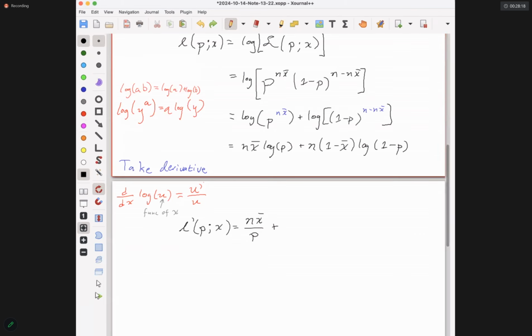So the derivative of 1 minus p with respect to p, because we need our u prime here, that's going to be negative 1. So we'll have a minus here instead of a plus, times n times 1 minus x bar divided by 1 minus p. Does this make sense?